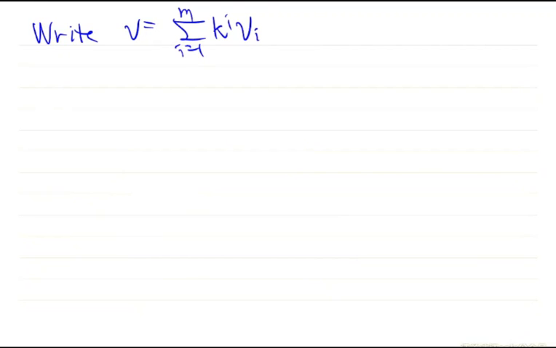So let's write V to be the linear combination sum of Ki Vi. Because V1, V2, ..., Vm are the basis of Rm, therefore we can find the Ki so that this is true. Then we need to prove that Ki is 0 for i greater than or equal to n+1.